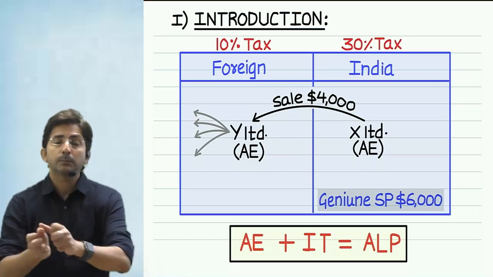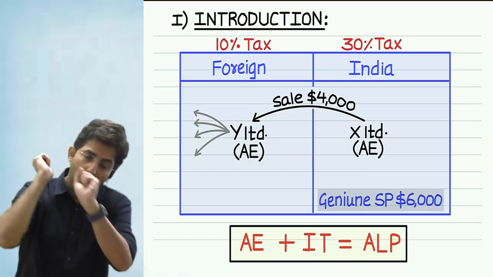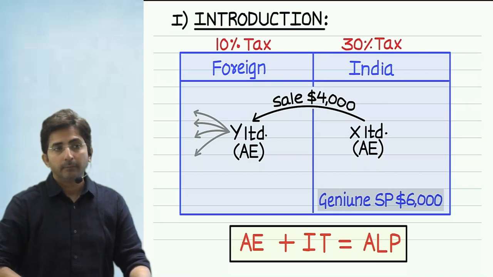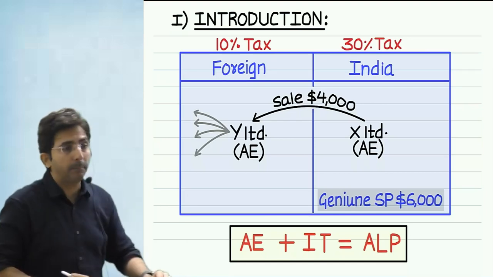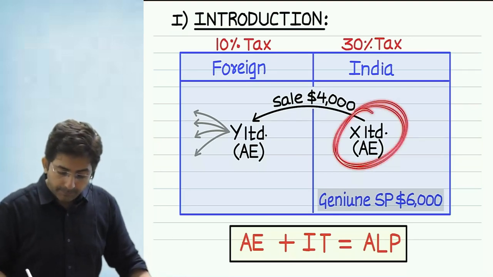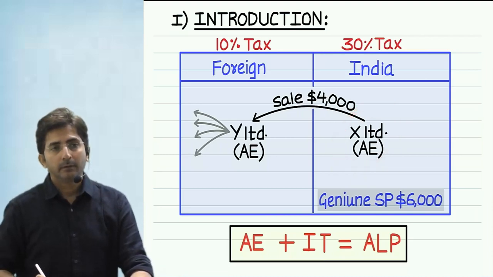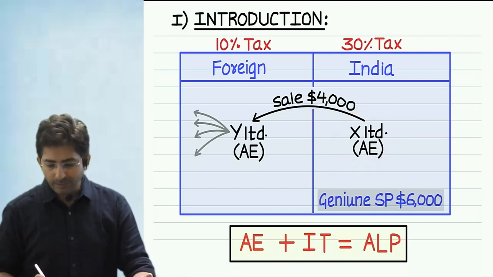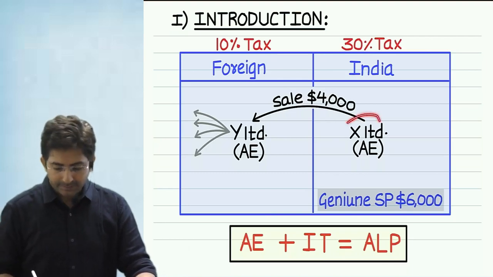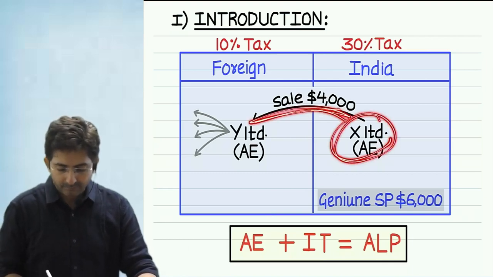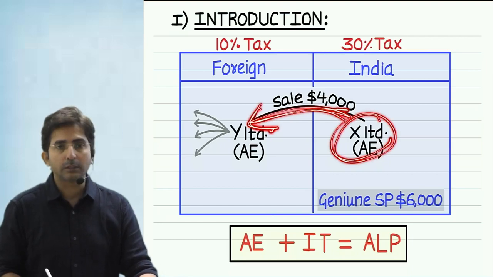It means the law has put the burden on the assessee only. Here, who is the assessee in my example? X Limited. X Limited will have to compute ALP. Now you will wonder, it's so funny, why X Limited? X has already sold the goods at $4,000.